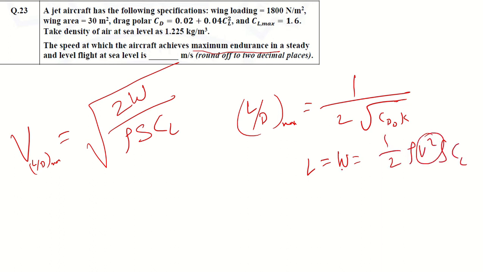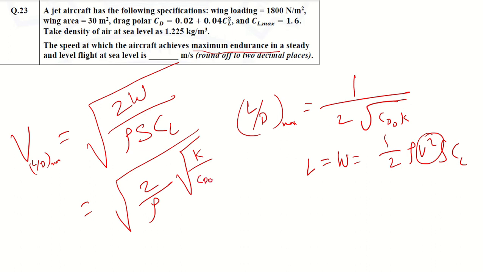So for V we can find this equation, and for maximum endurance we can write the square root of 2 divided by rho, the density, times K by CD naught, into W by S. This is the formula for L by D maximum.